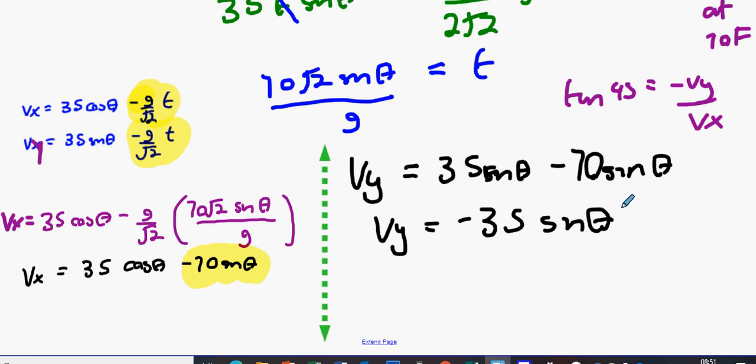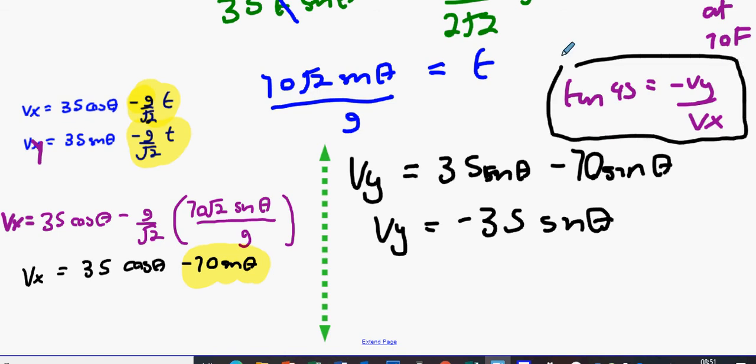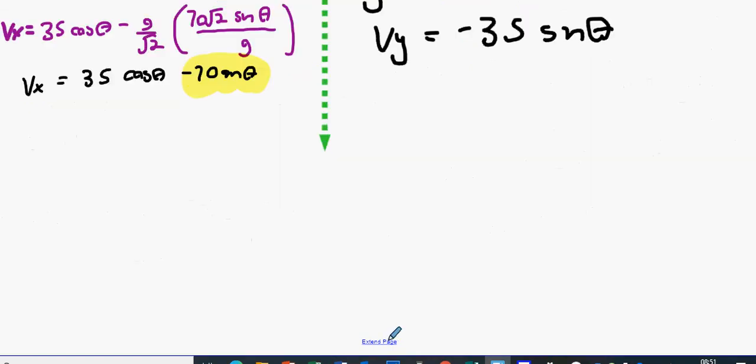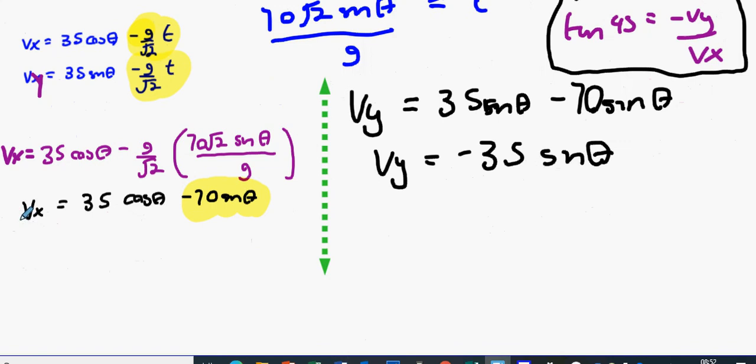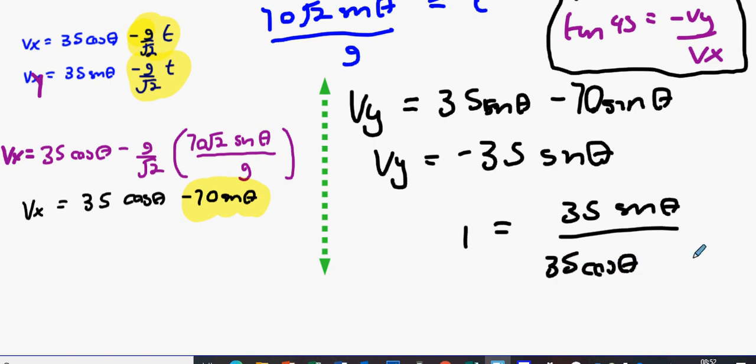Okay. Finally, we get to use our tan 45 equals minus Vy over Vx. So tan 45 is 1. 1 equals minus Vy over Vx. So Vy is 35 sine theta. Vx is 35 cos theta minus 70 sine theta.